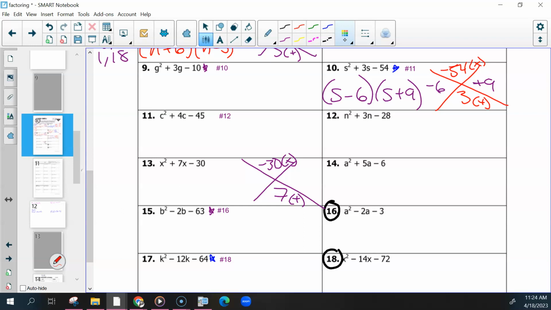If you know your factors, that's great. But if not, use your calculator.